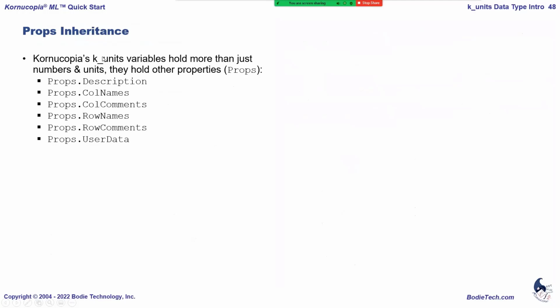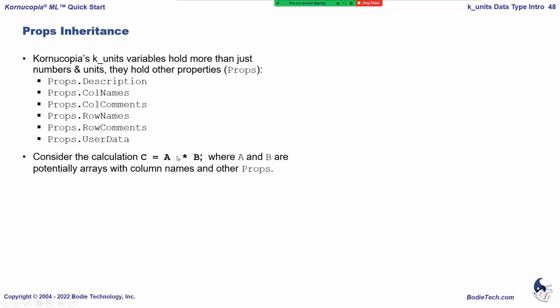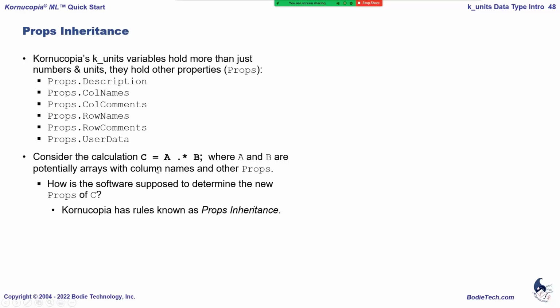The variables of KUnits data type have these various props: the description, column names, column comments, etc. When you do some calculation like this, how does the software figure out how to fill all this stuff out? It has a bunch of rules, defined in that part of the help system, that describe when it can do it and when it can't. And when it can't, it will give you this warning.